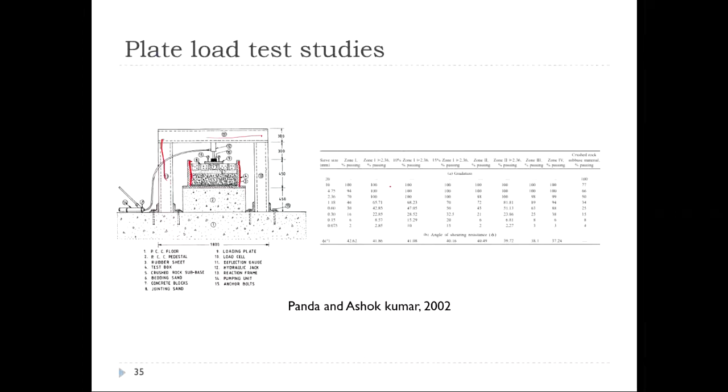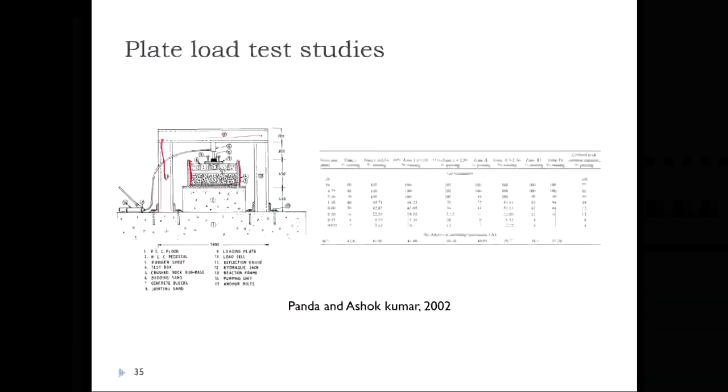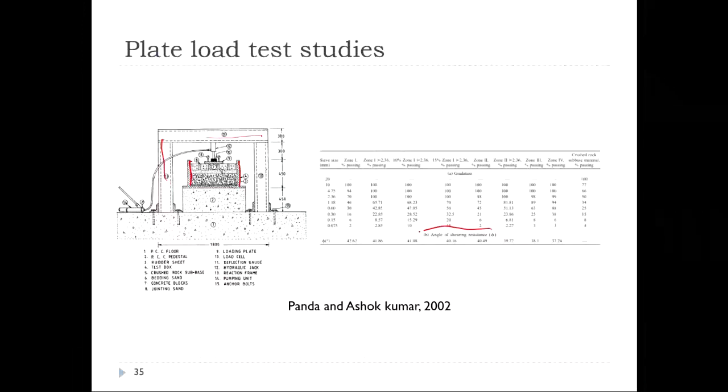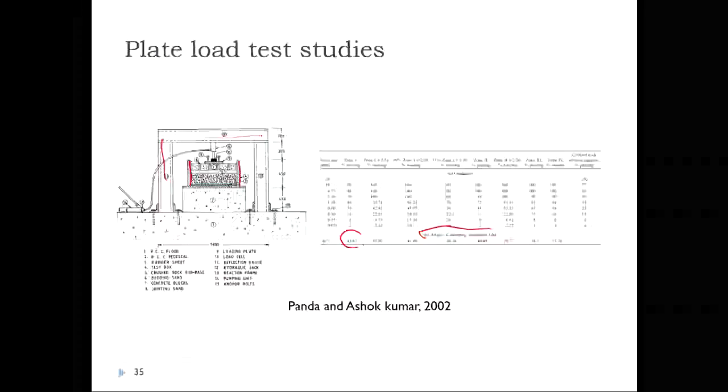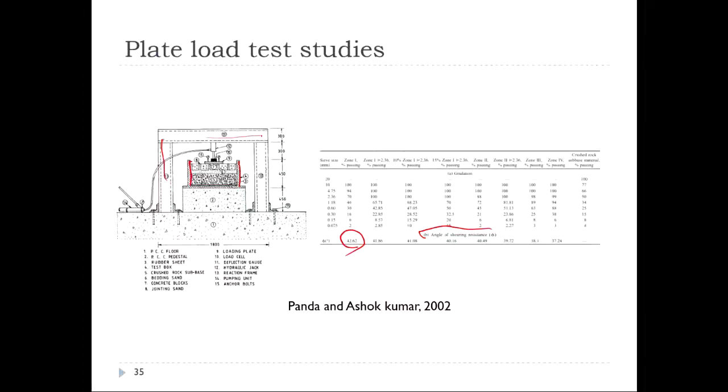So different zones of fine aggregate gradations were experimented, and the angle of shearing resistance of these filler sands was evaluated by doing a box shear test. You can see zone 1 sand material has a relatively higher phi value when compared to the other sands. So these are the sand gradations which have been recommended.